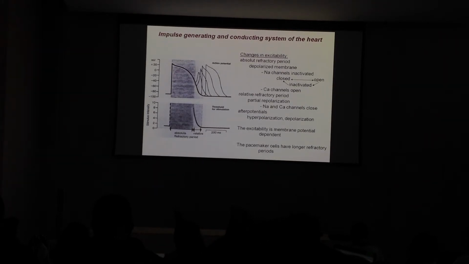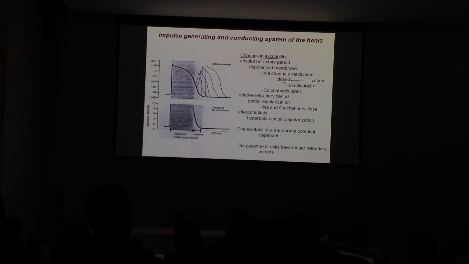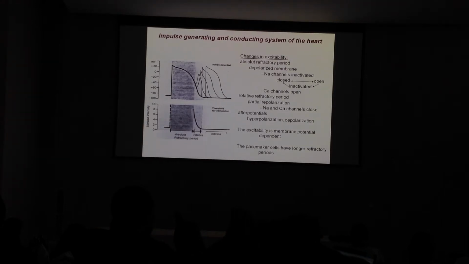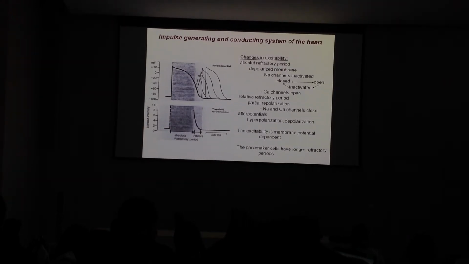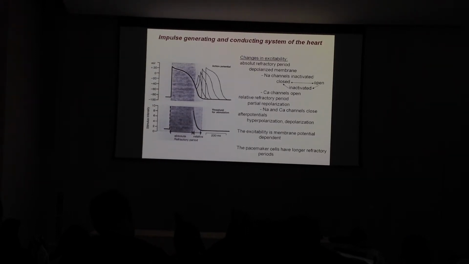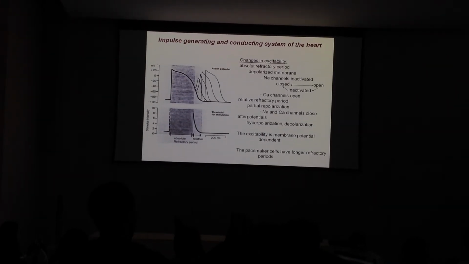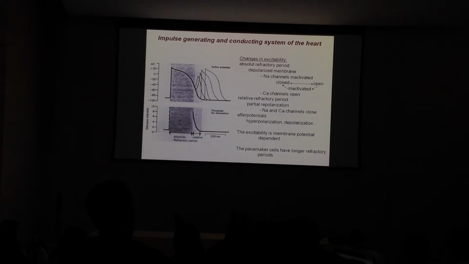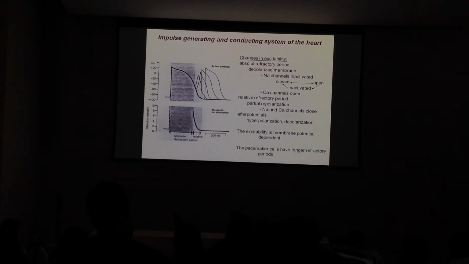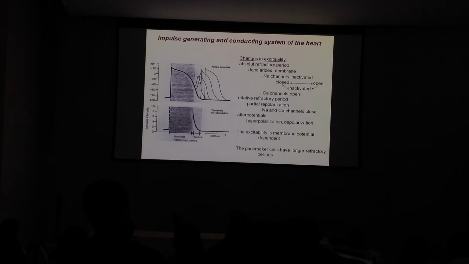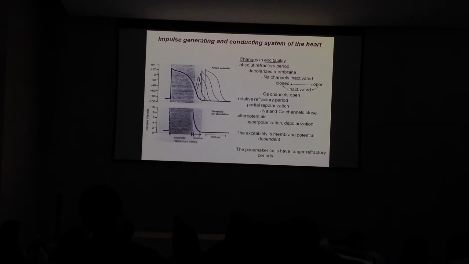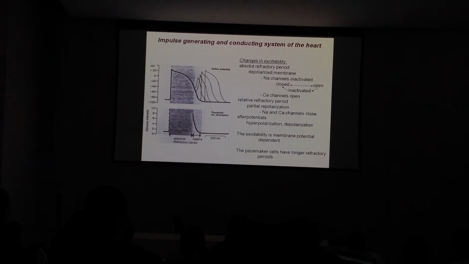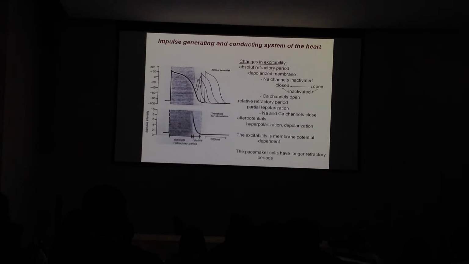Therefore, crossing of the action potentials through the AV node is a very slow process, because the action potentials which arrive at the edge of the AV node will evoke a pacemaker action potential, a slow response, and this system has a longer refractory period and it takes more time to cross the AV node than a normal action potential would need.